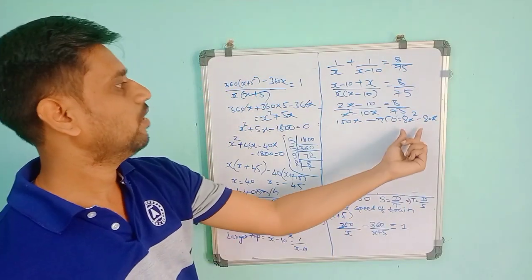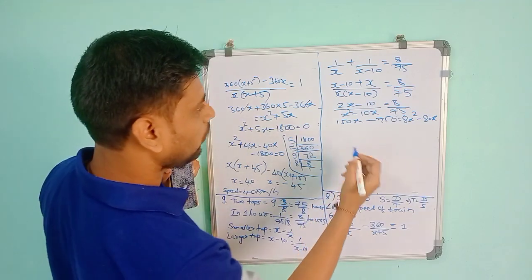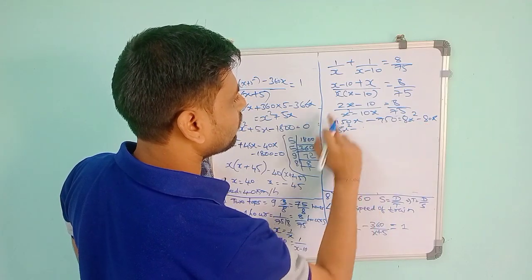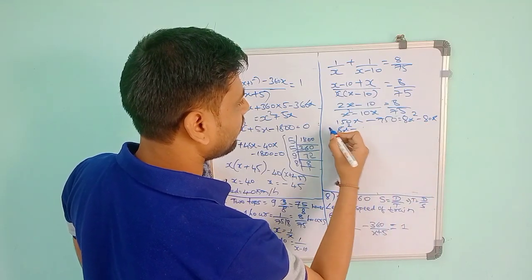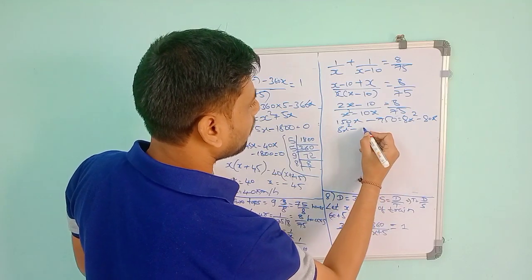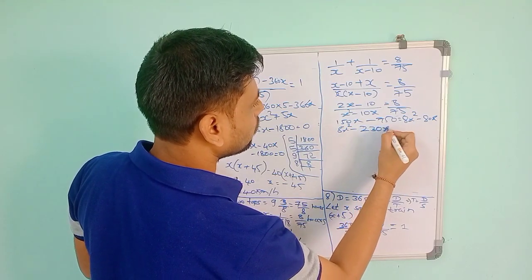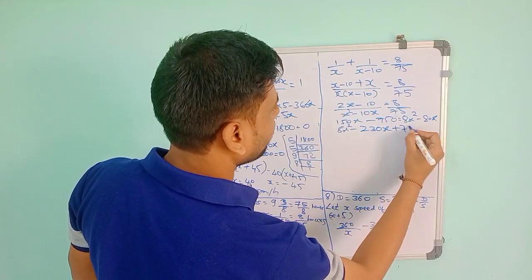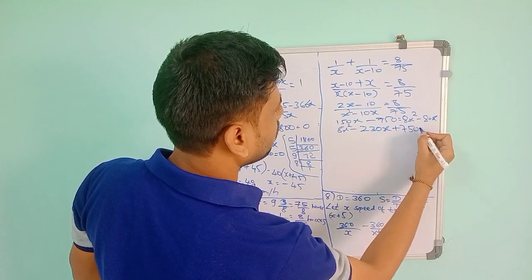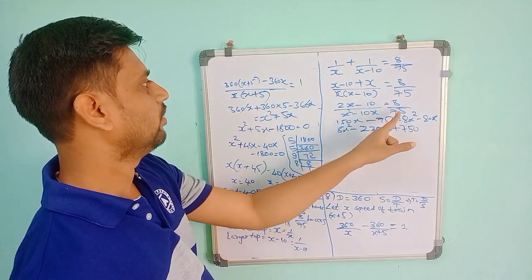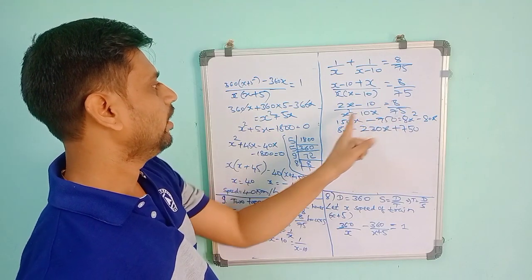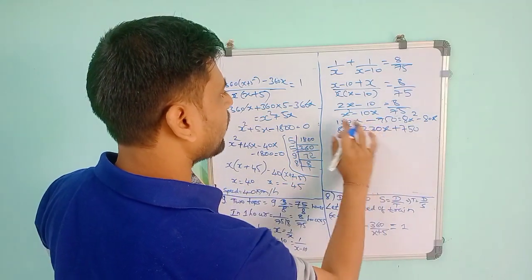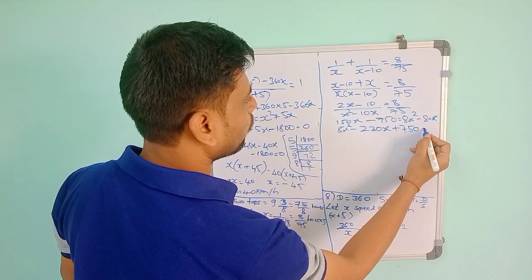Keep x square on the positive side: 8x square minus 80x minus 150x plus 750 is equal to 0, so 8x square minus 230x plus 750 is equal to 0.